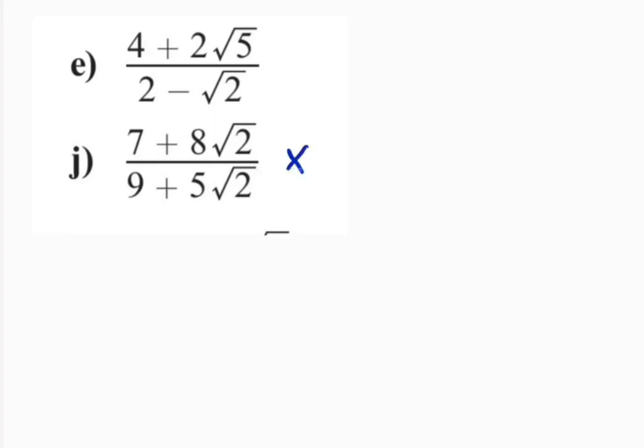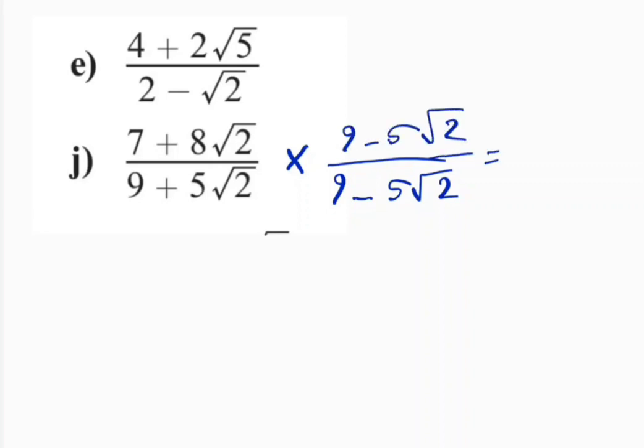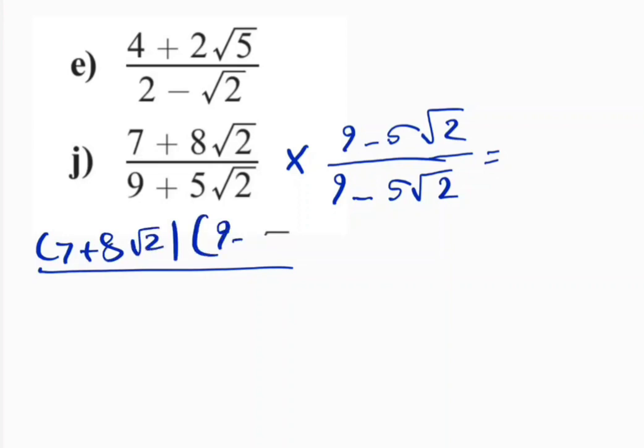Again, we multiply this by 9, this time minus 5 root 2, because here it is plus, so it will be negated. Okay, now let's just expand these two. So again, we can just put this in brackets. So 7 plus 8 root 2 times 9 minus 5 root 2, and 9 plus 5 root 2 times 9 minus 5 root 2.